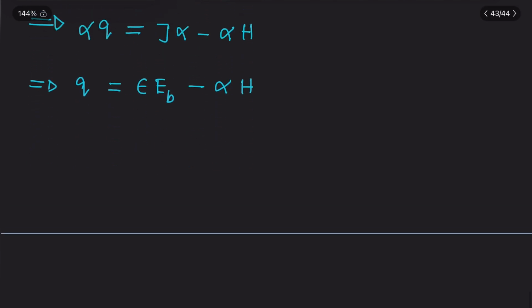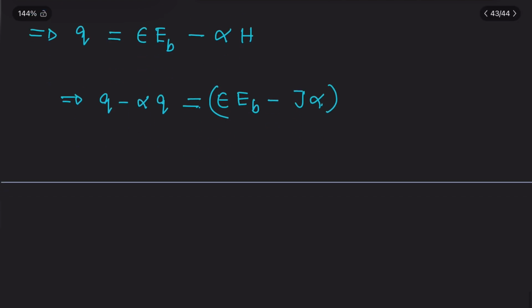That means I can have Q minus alpha Q is equal to epsilon into E_B minus J alpha, clear? Now all these things I am talking about are for a single surface.